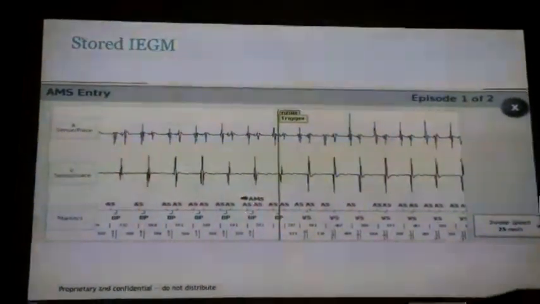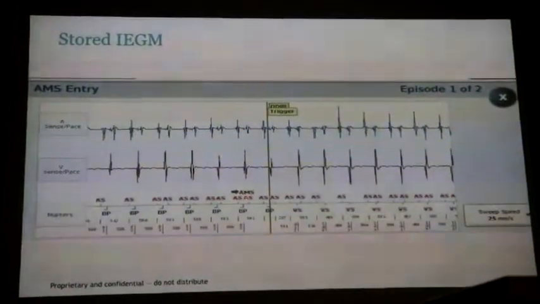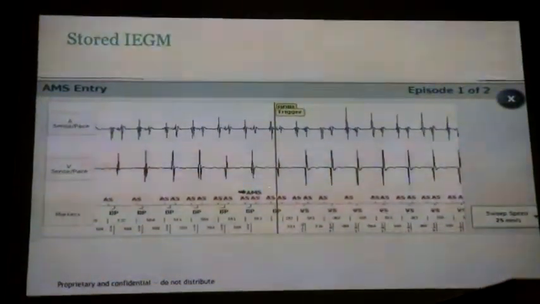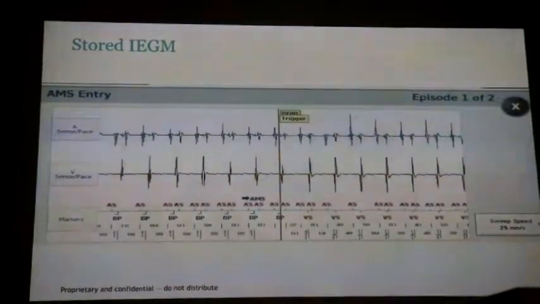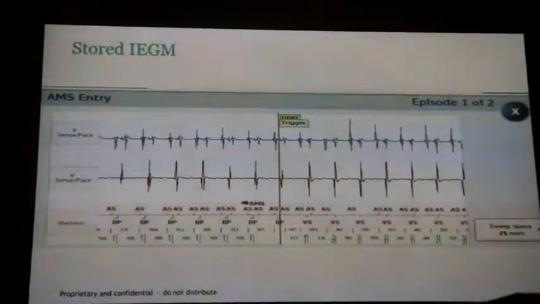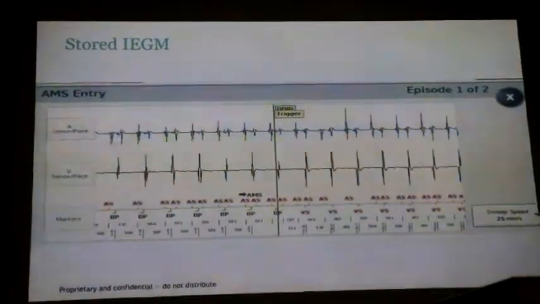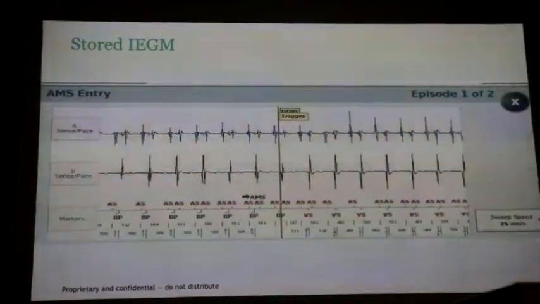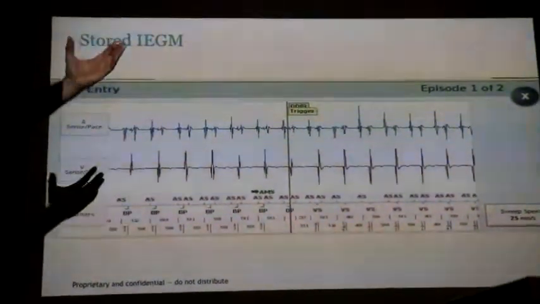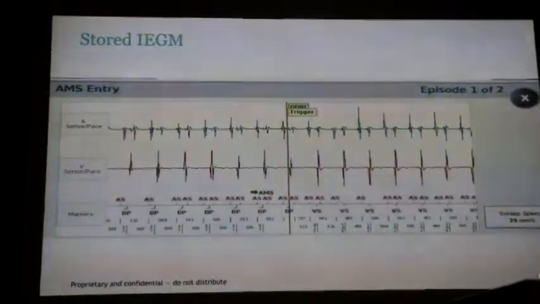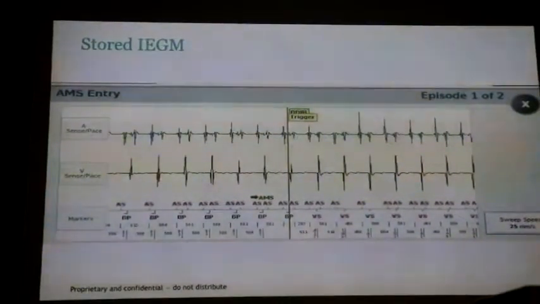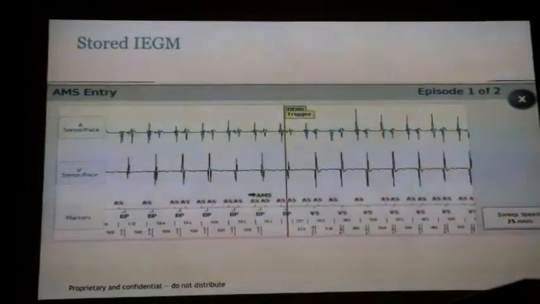Because we call these the tachy markers. These are the markers for the ICD side of the device, not the pacer side of the device. We have different markers for brady and tachy on our ICD platform. They're not just feeding the AMS counter, they're feeding other counters: the AMS counter and the discriminator counter.